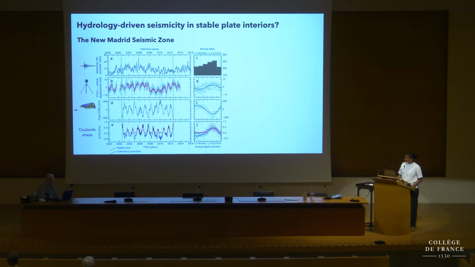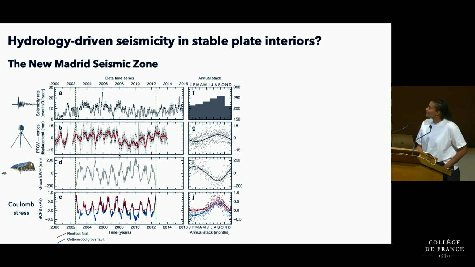So here we have the seismicity rate, and on the right you have a stack over a year. And here you have a deformation recorded at a GNSS station, and a model derived from GRACE in red, which is in pretty good agreement. And here you have the GRACE data, and here you have stress variations driven by the GRACE model, which reach about a kilopascal annually.